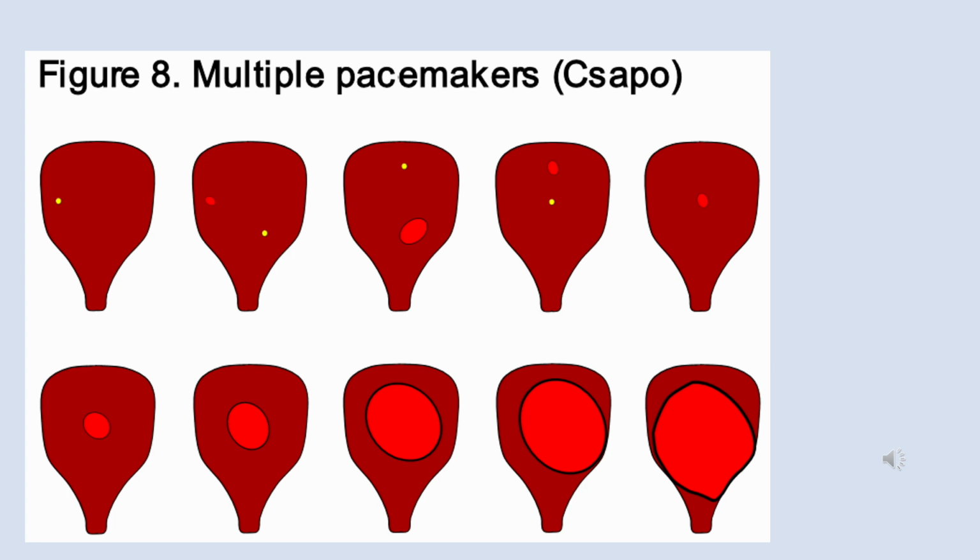But eventually one will dominate, and that's the key issue with the multiple pacemakers model, is that one dominates, and the reason it dominates is because the speed and propagation velocity of that particular contraction somehow allows it to encompass most of the uterus. So you end up with long distance propagation of the action potential from a dominant pacemaker that is selected from multiple pacemakers.